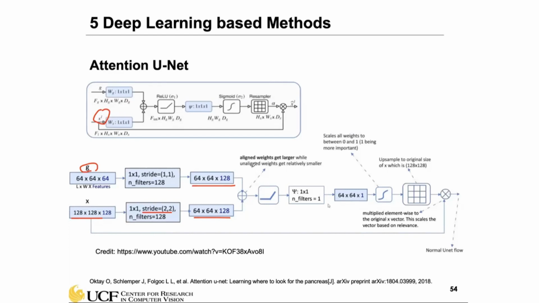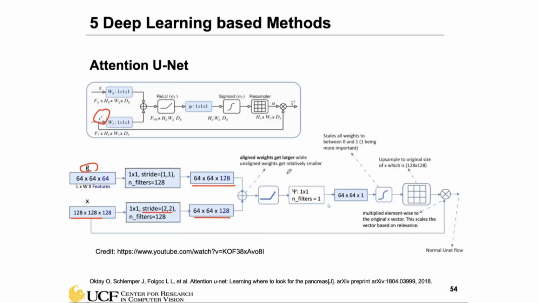So if these features are aligned, maybe this pixel corresponding to the tumor region, you align them together and add them together, then you get a larger response corresponding to that specific pattern. So we get a larger value, or if some of them don't align, we may get a smaller value.